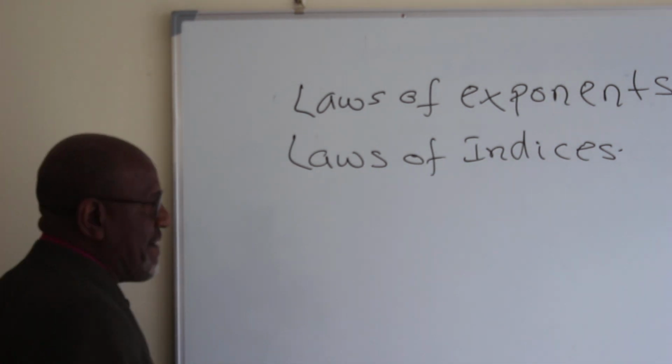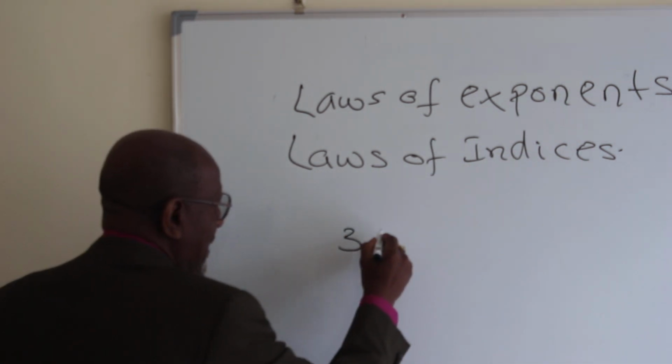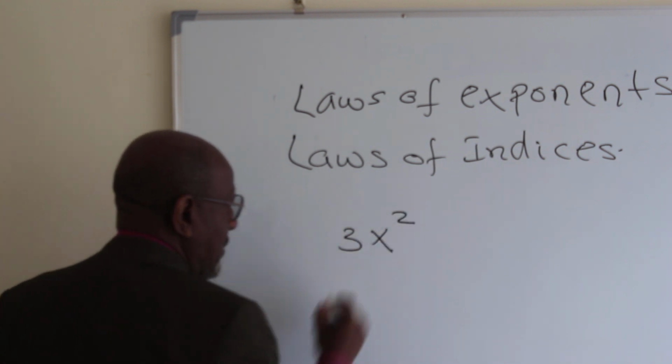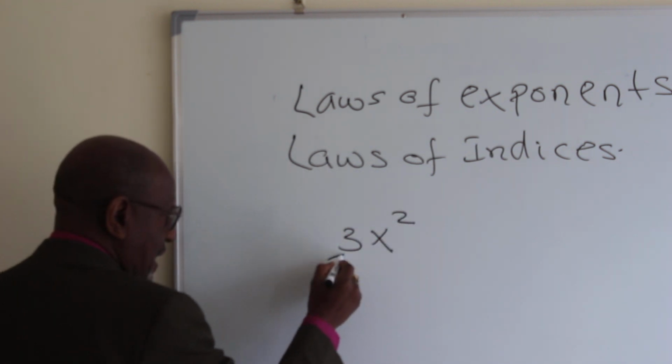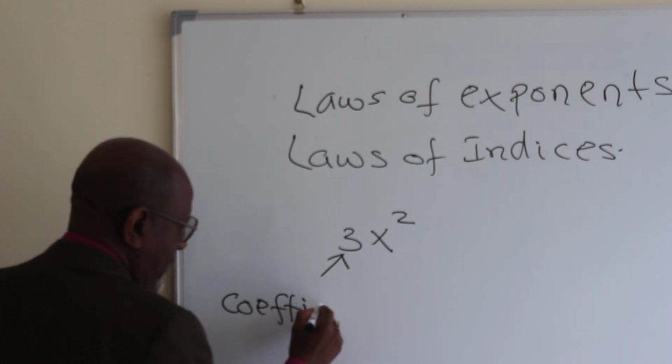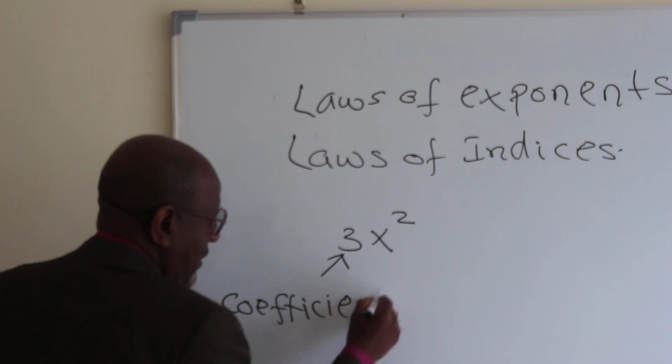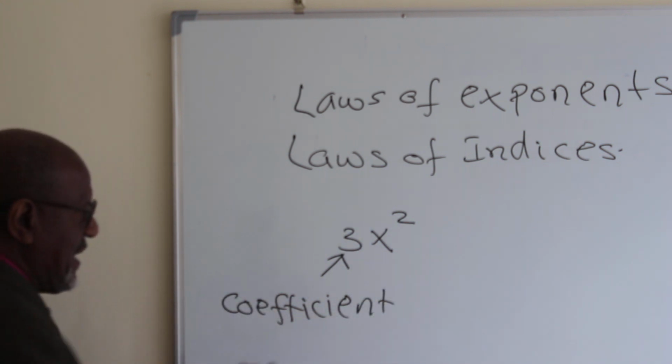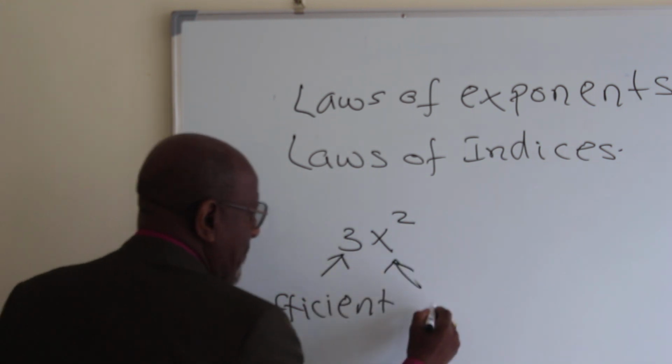Let's suppose we have 3x to the power 2. The 3 is called the coefficient. X is called the base.